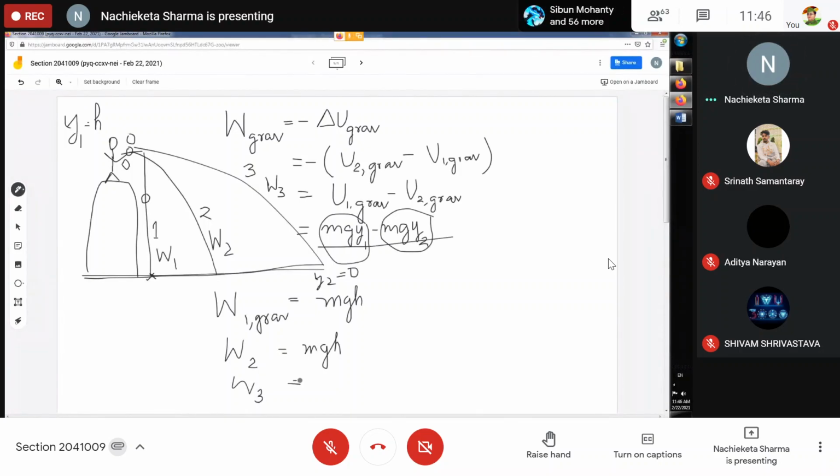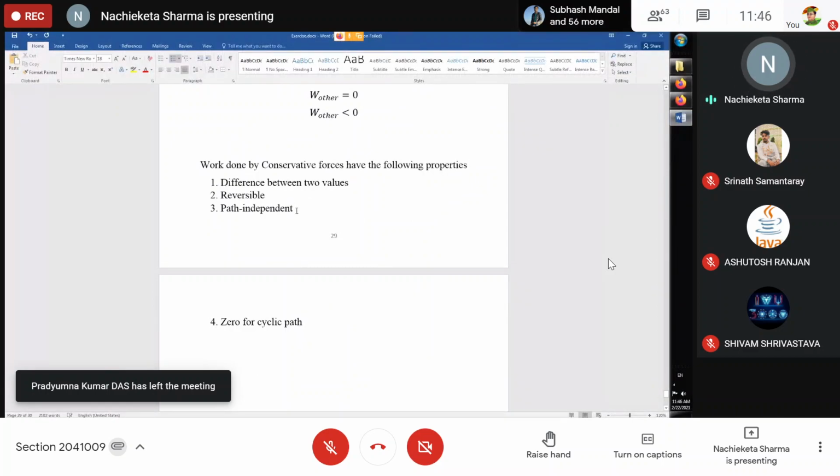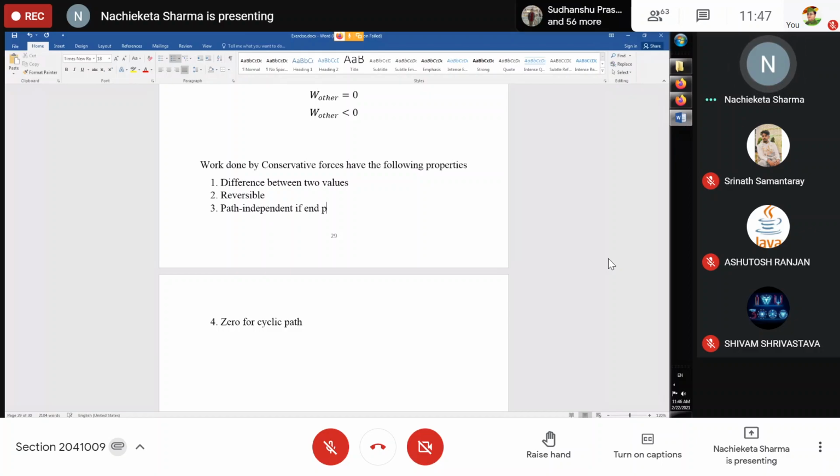So it is path independent, isn't it? Provided what? Provided only gravitational forces, and provided the endpoints are the same. Actually, I should mention that it is path independent if the endpoints are the same.